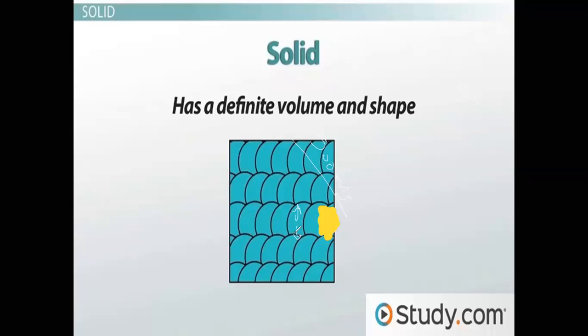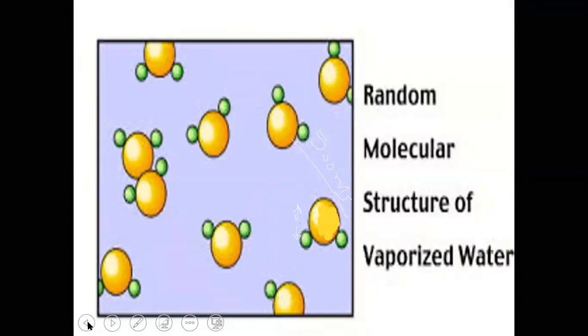The ability that particles can move in the solid state, we call it vibration, okay? And this is a very specific phenomenon for matter in the solid state. But when we talk about particles in the liquid state, they are a little bit free to move, okay? Because, as I told you, they have a little bit higher intermolecular distance, so they can move more freely than in the solid state, okay?